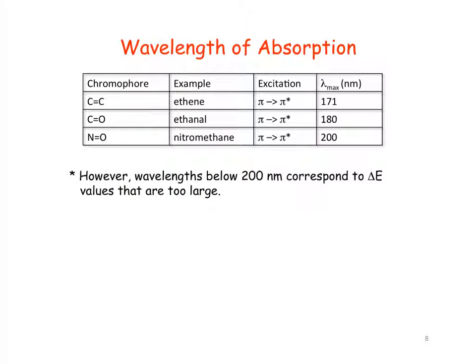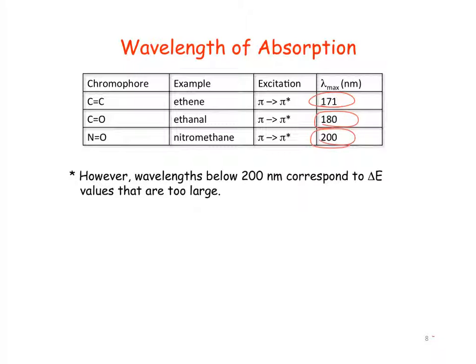Now, if we have a single pi bond, so a carbon-carbon double bond, or carbon-oxygen pi bond, or a nitrogen-oxygen pi bond, they can absorb light, but look at the wavelengths of light that are absorbed. Are these wavelengths of light that we can observe in our experiment?